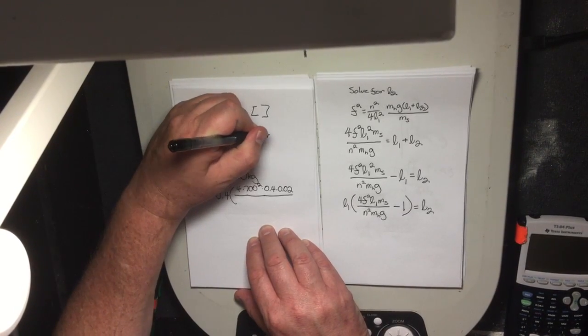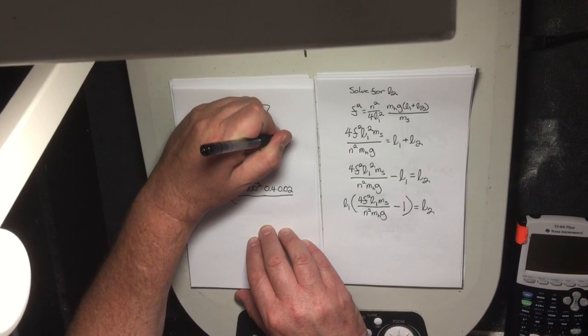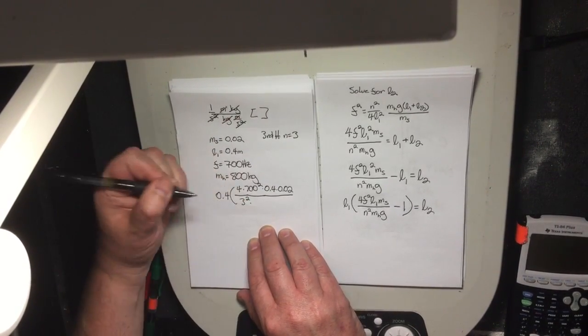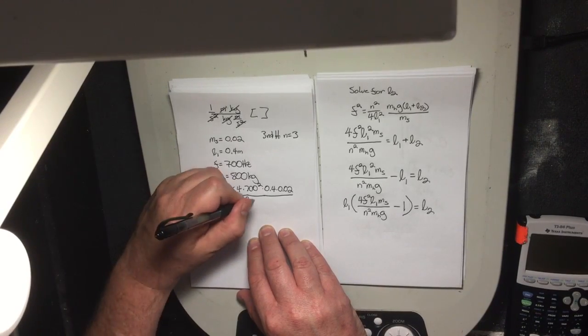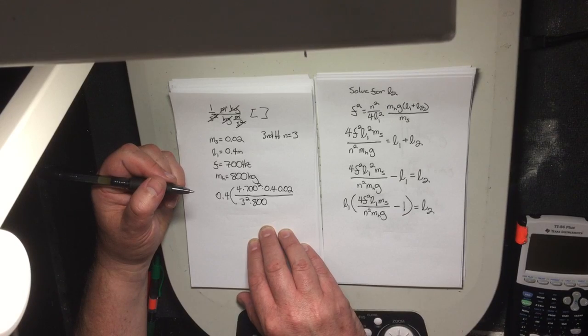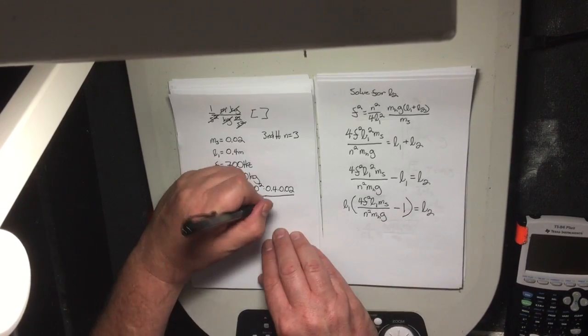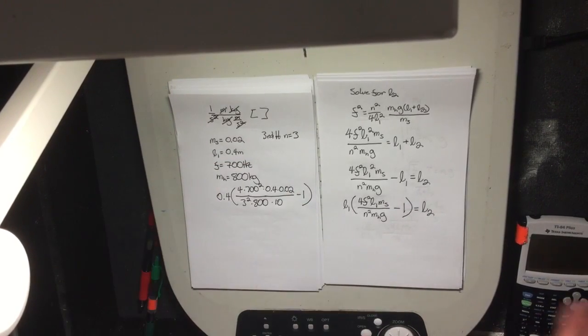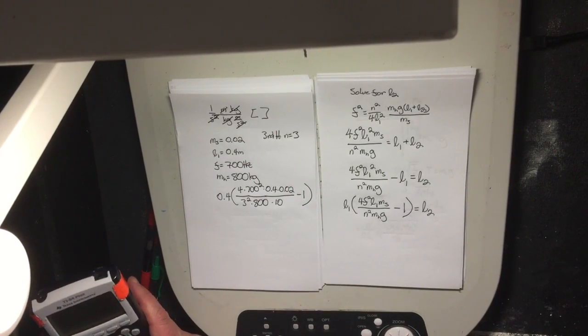Let's say third harmonic, so N is equal to 3. 800 and 10 minus 1. And who knows what we're going to get.